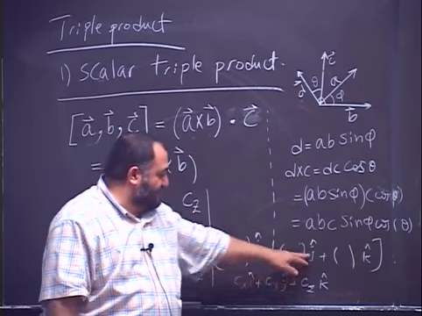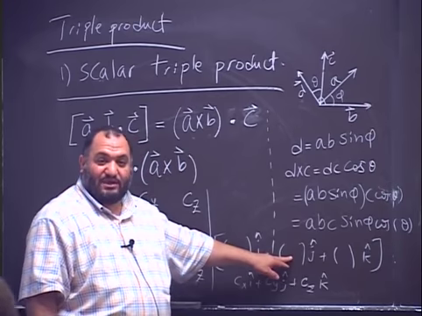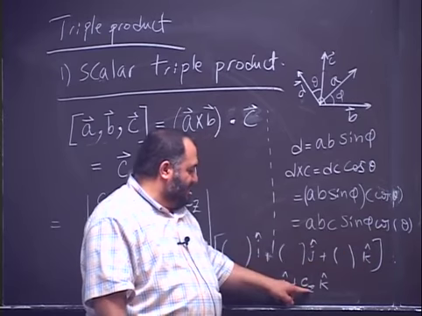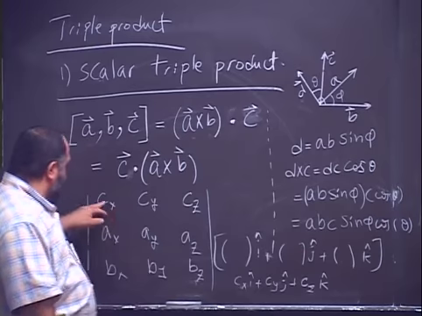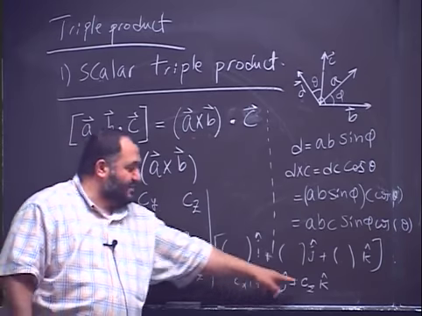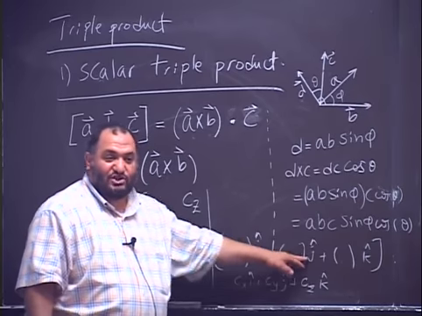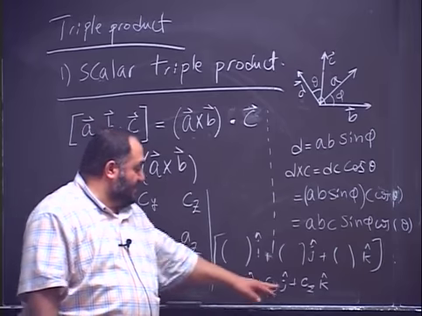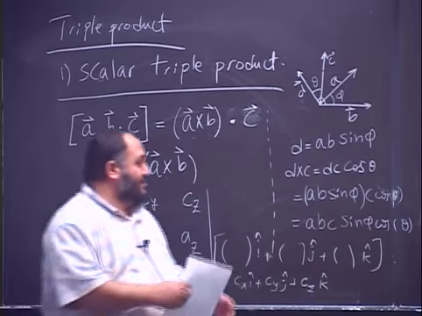J with J will give you 1, and this will be Cy multiplied by something here. And K with K will be 1, and Cz will be multiplied by this. So you will replace the I, J, K by Cx, Cy, Cz. And of course, if somebody asks, I dotted with J is what? 0, because they are perpendicular. J dotted with I and K is 0, and K dotted with I and J is 0.